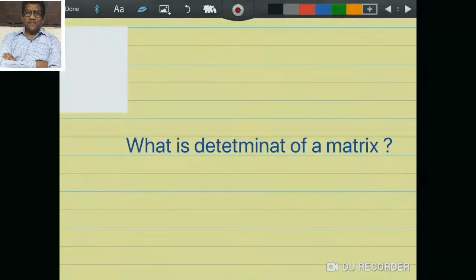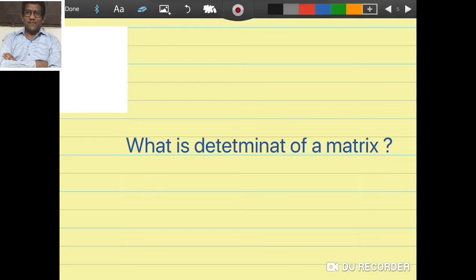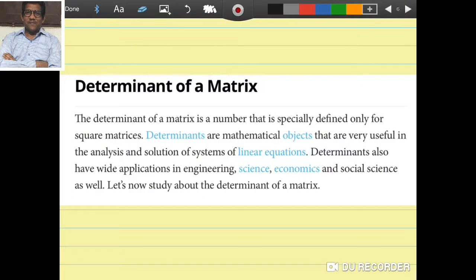Determinants. What is the determinant of a matrix? The determinant of a matrix is a number, real or complex, that is specially defined only for square matrices.